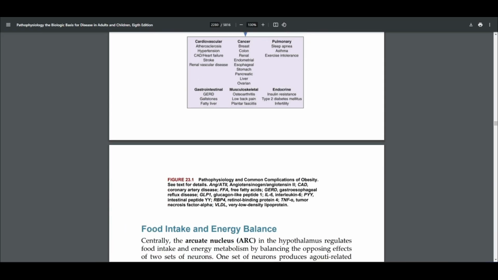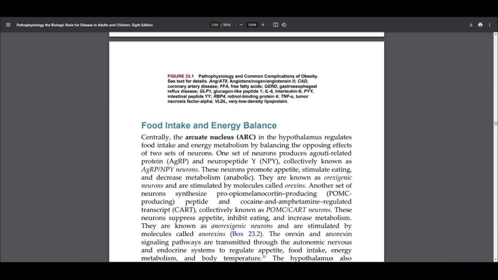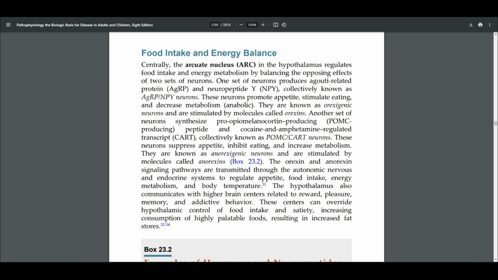So, food intake and energy balance. Centrally, the arcuate nucleus, or ARC, in the hypothalamus regulates food intake and energy metabolism by balancing the opposing effects of two sets of neurons.